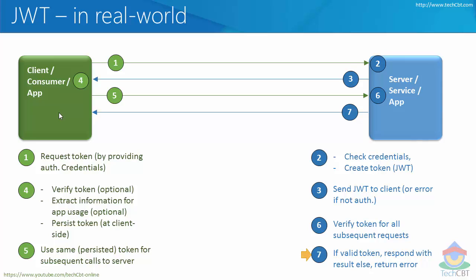So this is essentially how the JWT really works in the real world. Only for the first time, during the first request, it tries to authenticate itself and retrieves the JWT. And from then onwards, the same JWT will be used for all the subsequent requests to the service.